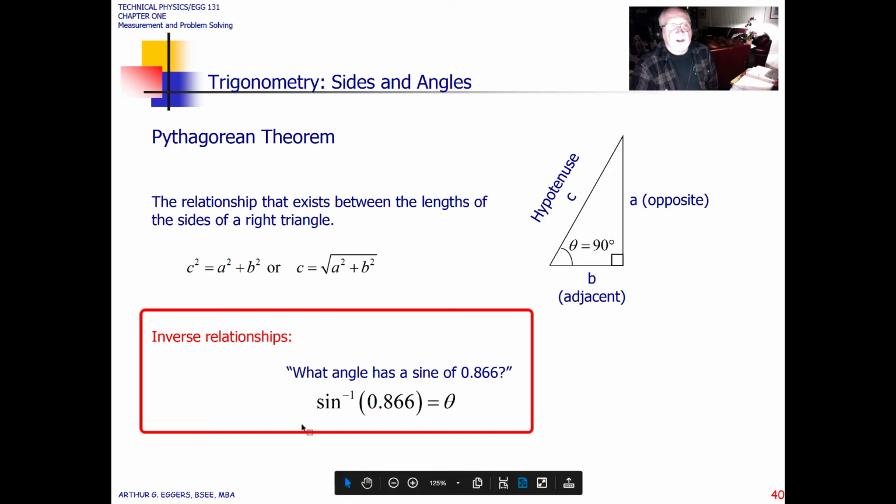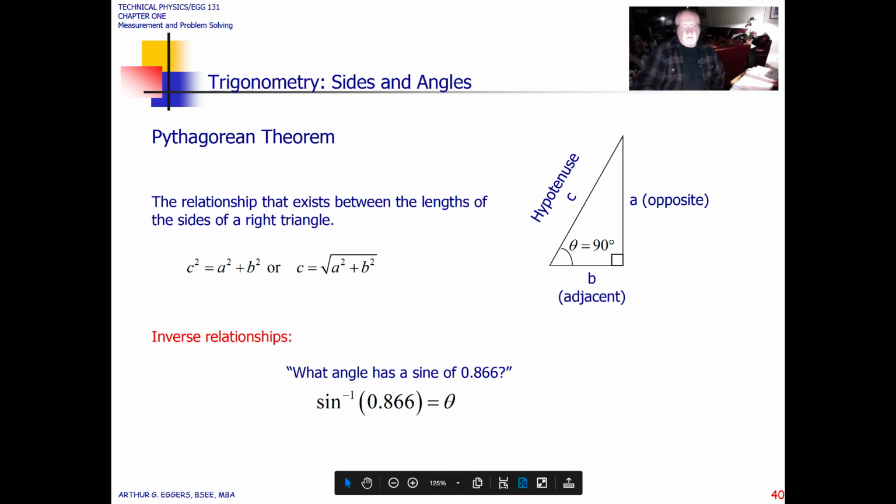In this case, the notation is sine with a -1 like an exponent, and then that sine value, 0.866. So what angle has a sine of 0.866? Okay, and then if we did the inverse sine, we would get an angle for theta.